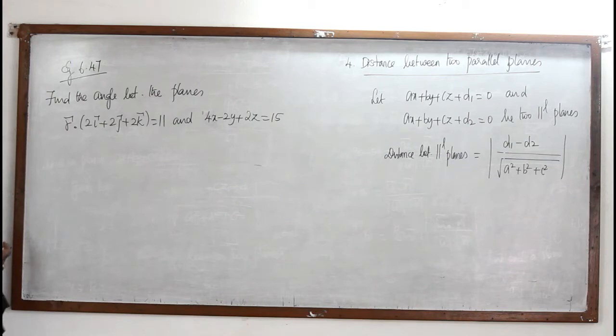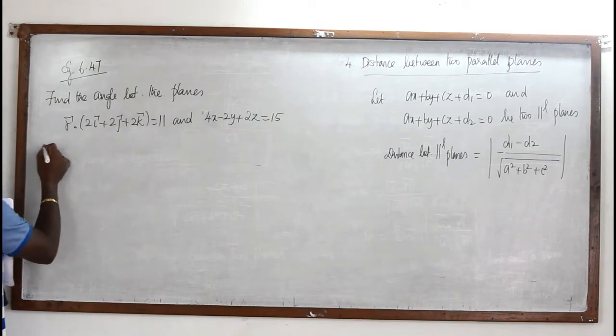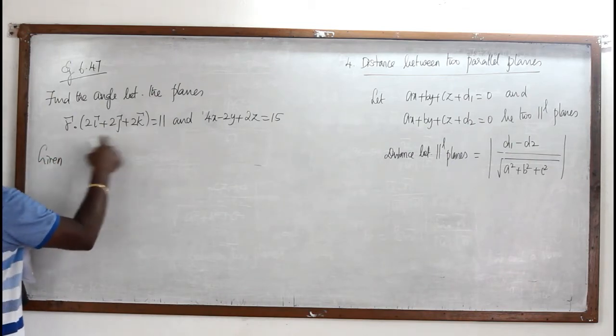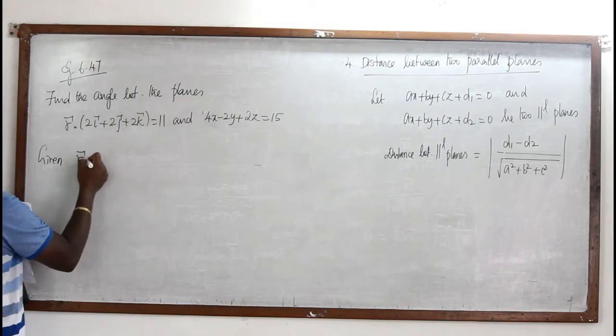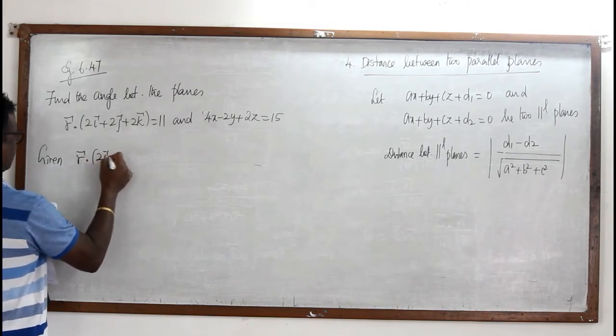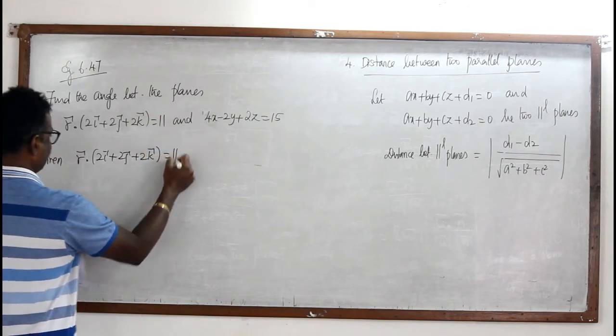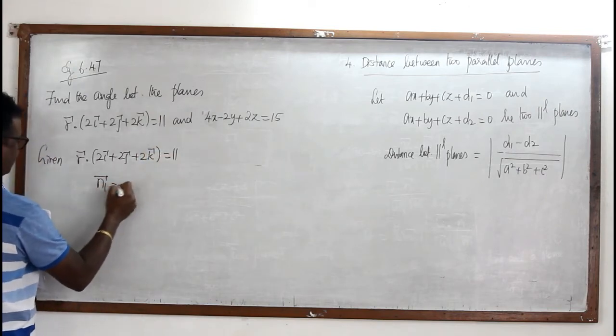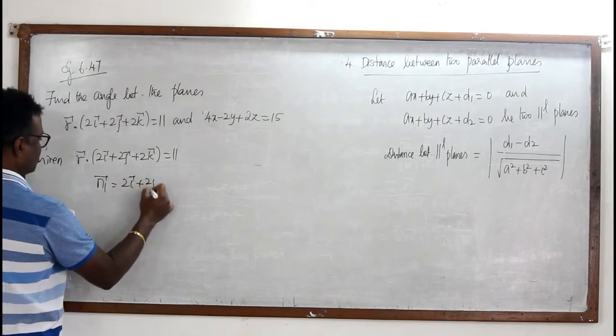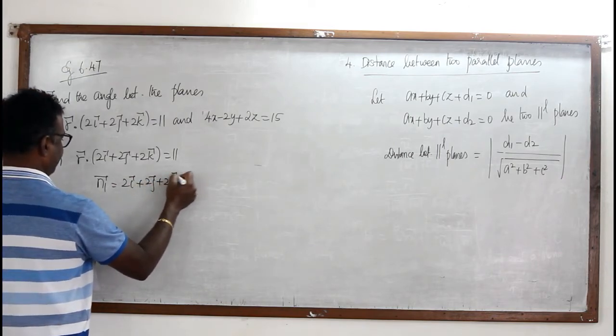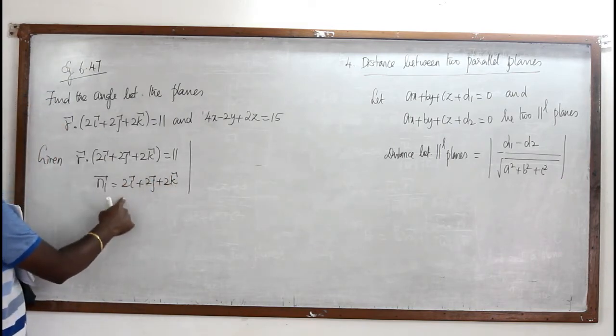Now we must identify the normal vectors given in these planes. In the plane r dot (2i + 2j + 2k) = 11, n1 vector is 2i + 2j + 2k. That is r dot n vector, isn't it?